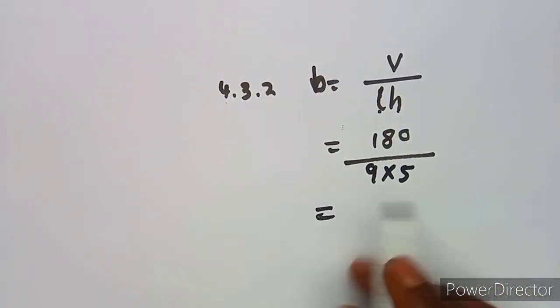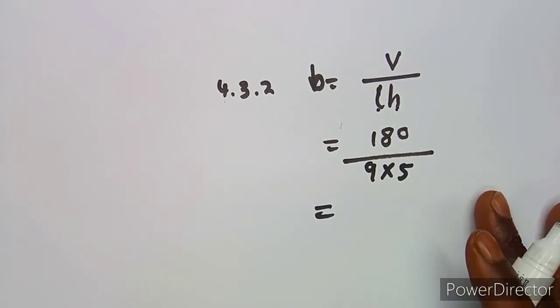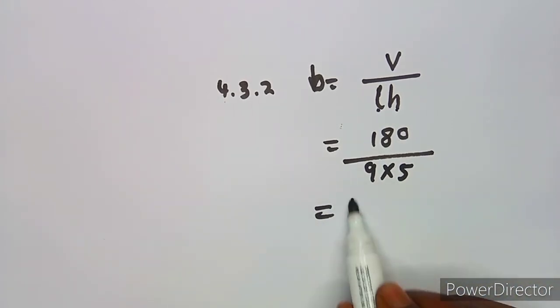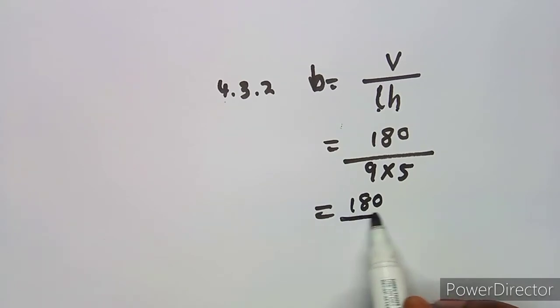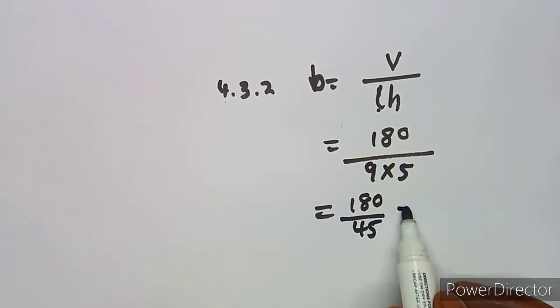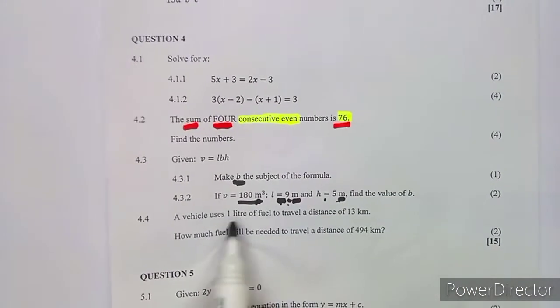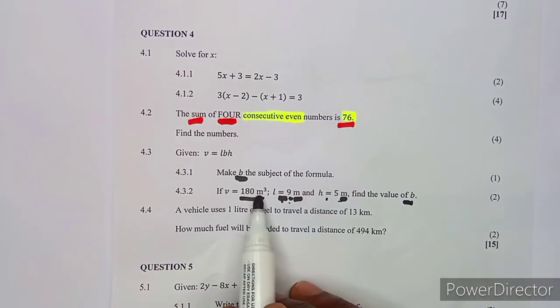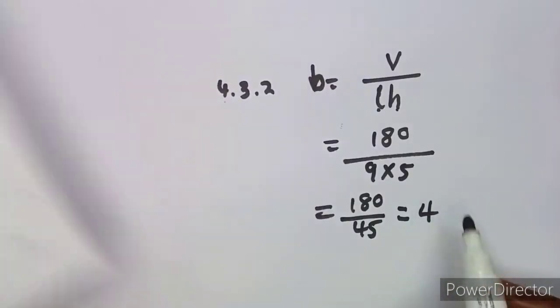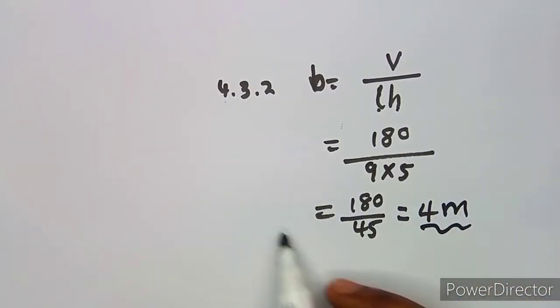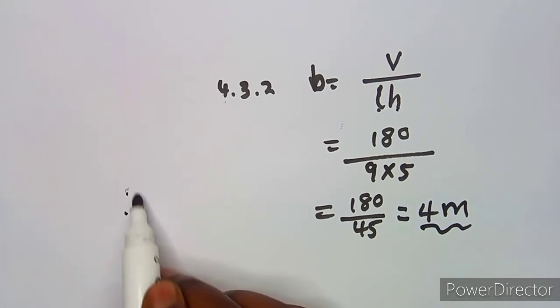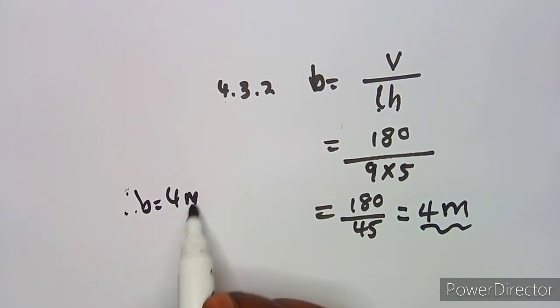All right, here we can just use a calculator, guys. Direct is going to be 180 over 45, which is going to give us 4. So this is B, which is in meters. So therefore our B is 4 meters.